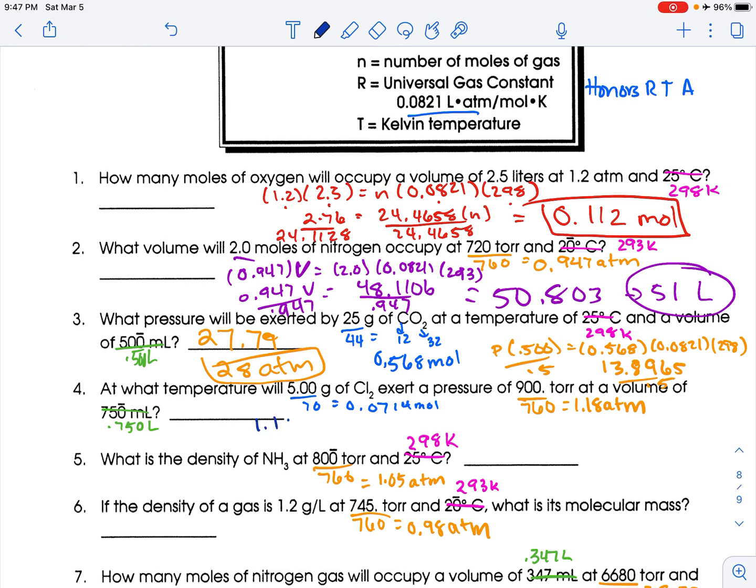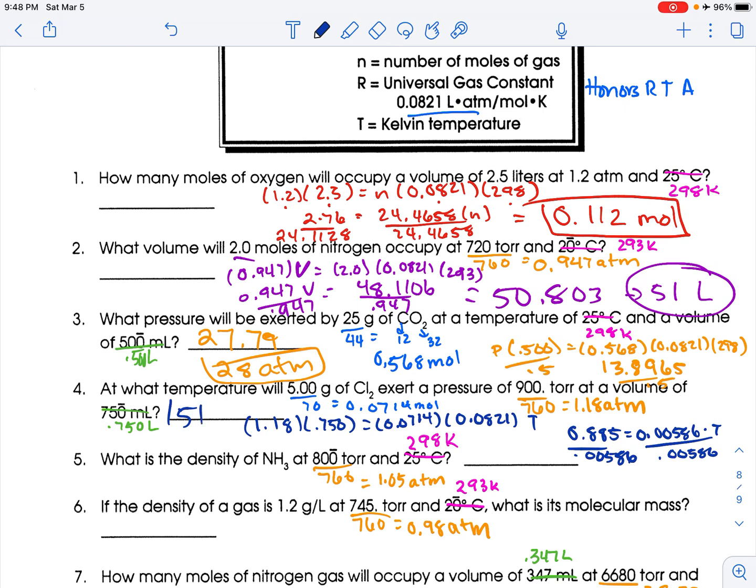So P is 1.18, V is 0.750, n is 0.0714, R is 0.0821, and T. So 1.18 times 0.750 is, this is so messy here, I apologize, 0.885 equals 0.0714 times 0.0821, which is really small, 0.00586, times T. So divide both sides by 0.00586. 0.885 divided by 0.00586 is 151.02, etc. So yeah, we'll go with 151 Kelvin.